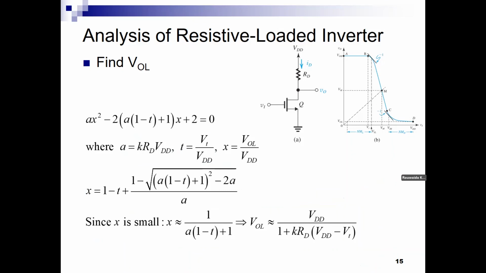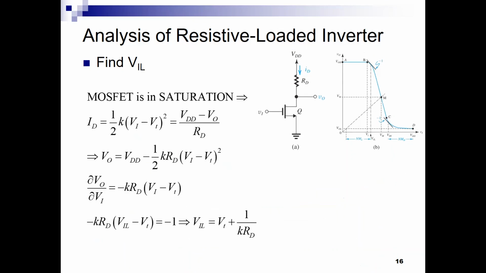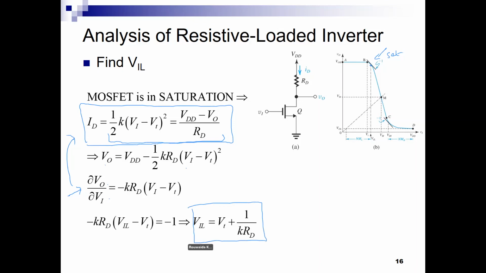Okay, now he goes back and solves for VIL. We define it as the point where the transistor is in saturation, so we take ID equal to IR. Okay, and then he took the derivative of the equations directly, by del Vn. Here he decided to put VO as a function of Vn, took its derivative again, and based on this we can get the value for VIN.